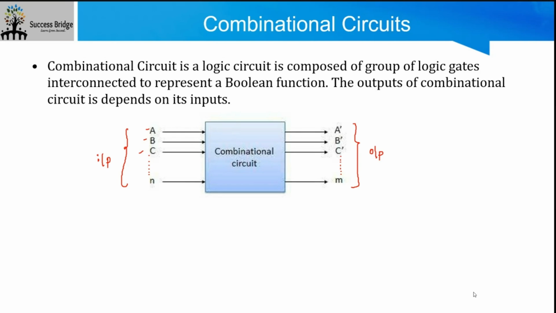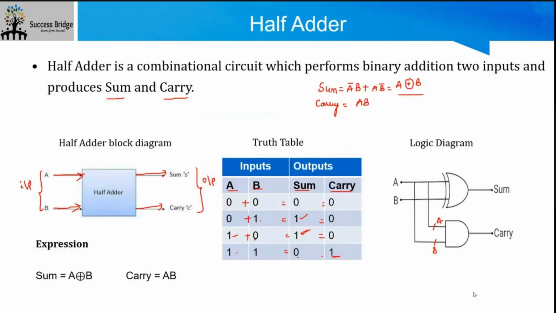So let's start with the basic combinational circuit, the half adder. A half adder is a combinational circuit which performs binary addition with two inputs and produces a sum and carry. Let's look at the truth table of the half adder.